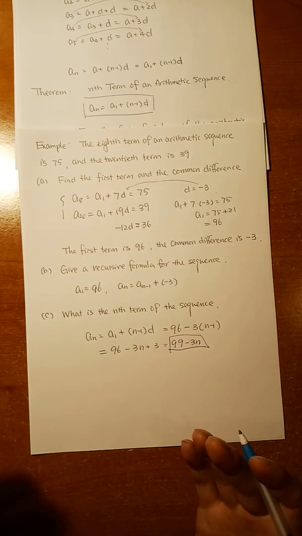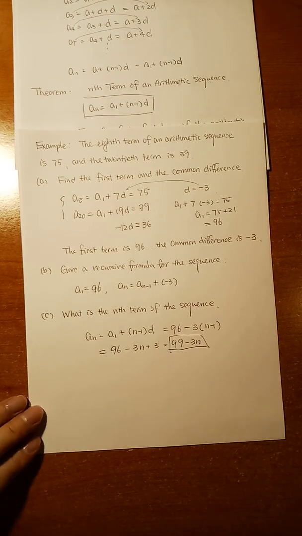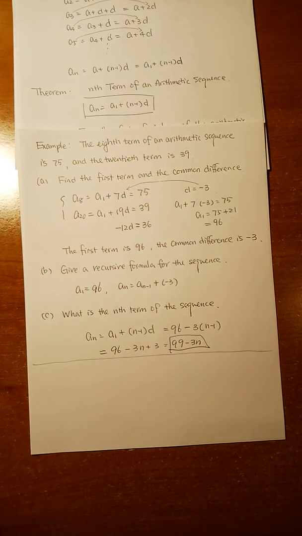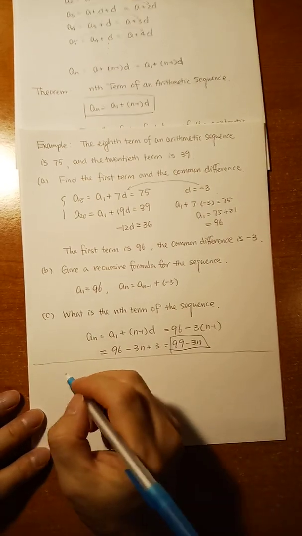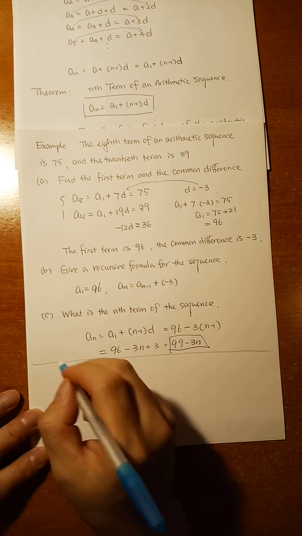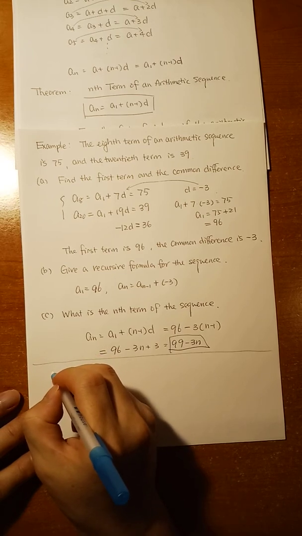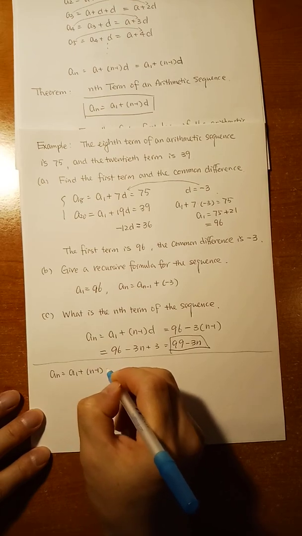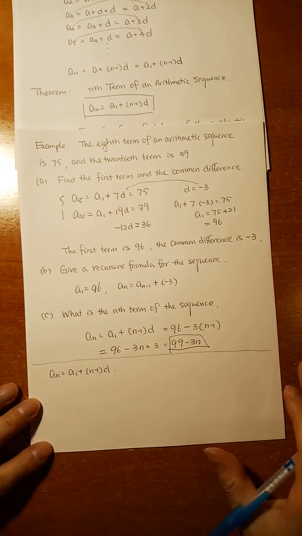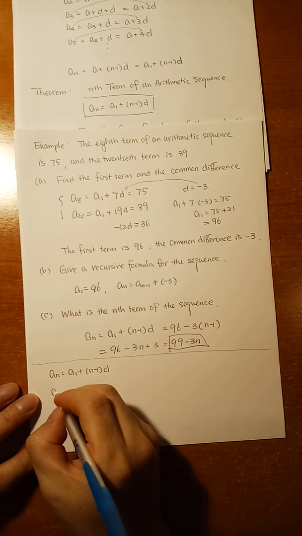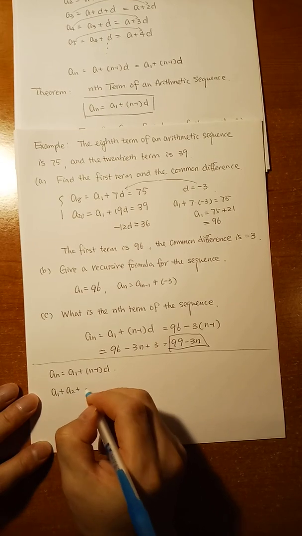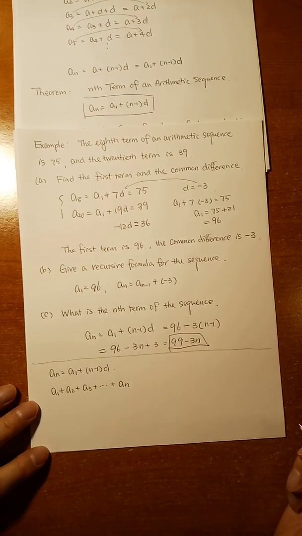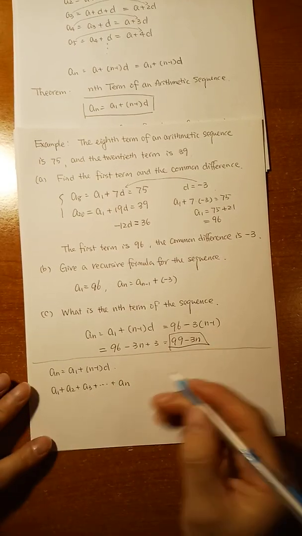And when we have an arithmetic sequence, we want to add the terms, because it's simple and special. An is a1 plus (n minus 1) times d. How do we add them? Let's check. a1 plus a2 plus a3 plus up to an. This is a sum, a sigma.